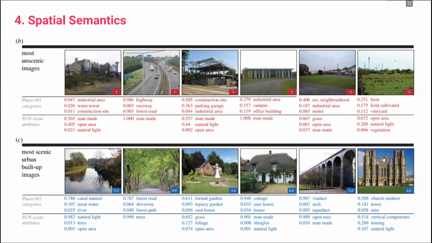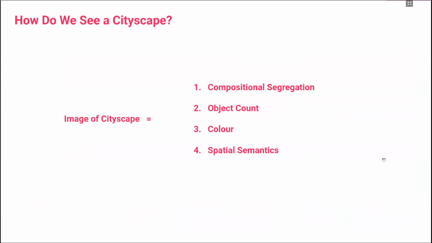Now, what we are going to do is have a detailed exercise on compositional segregation, which is basically image segmentation. Along with that, I will introduce the scripts of object count and color detection, but we won't include those in our exercise or in the training of the neural network.